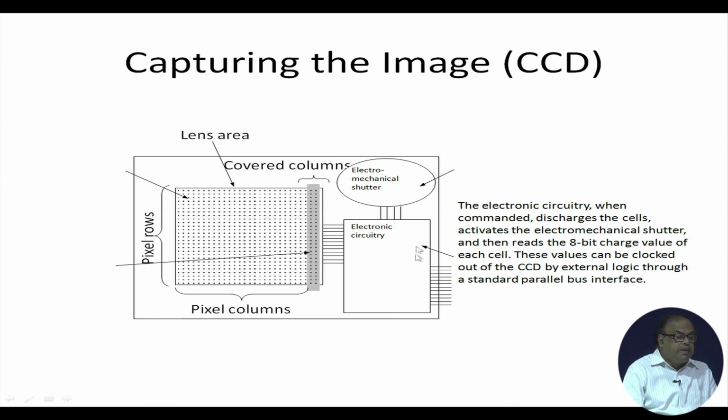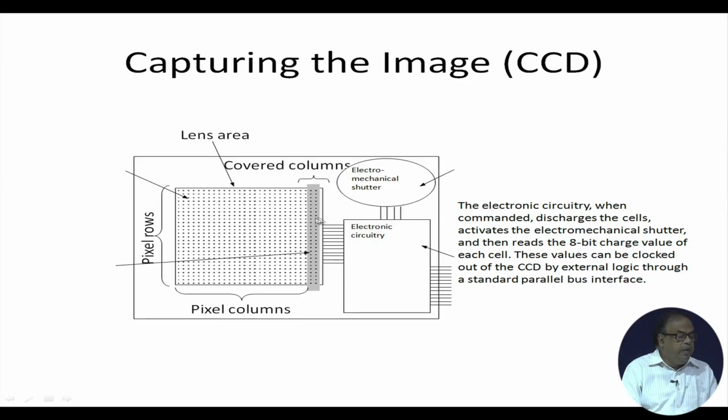And there is an electronic circuitry. As the image is incident on this, the cells get charged. That is why they are charge coupled devices. Now, each cell will have a particular level of charge, and that particular level of charge will be encoded using 8 bits.